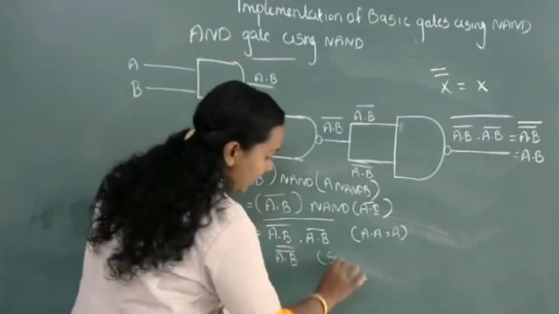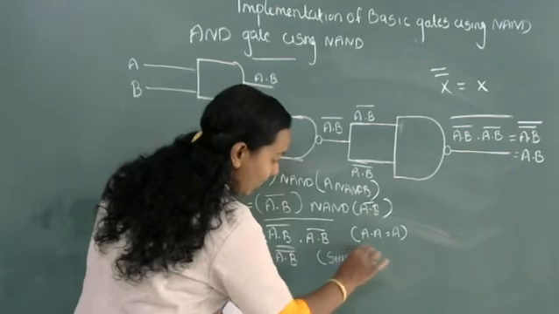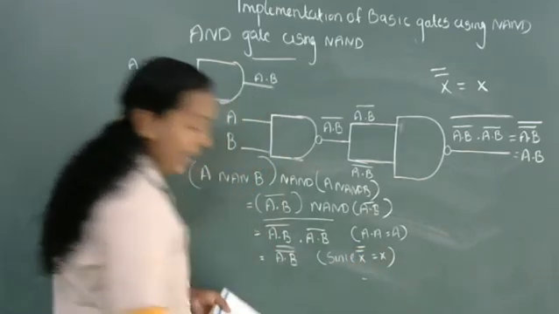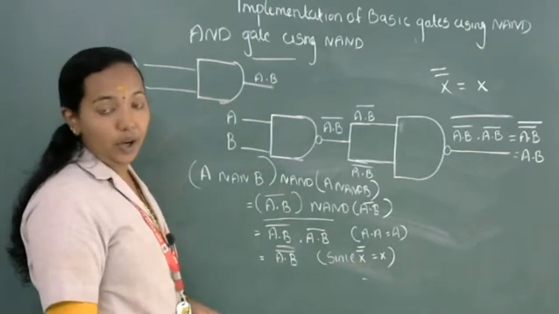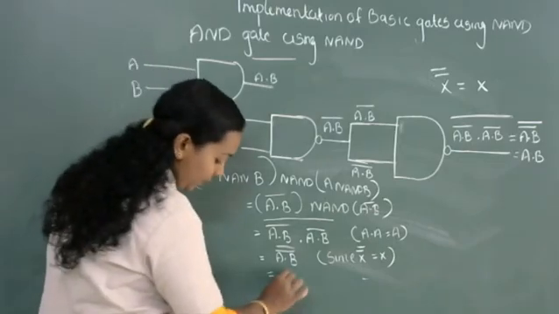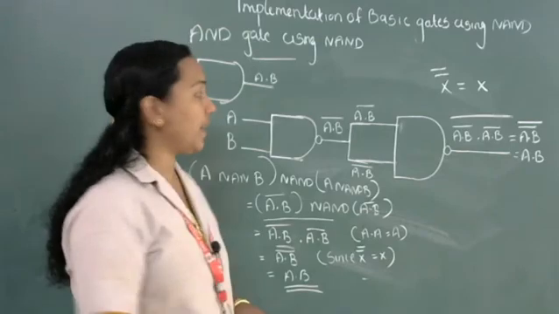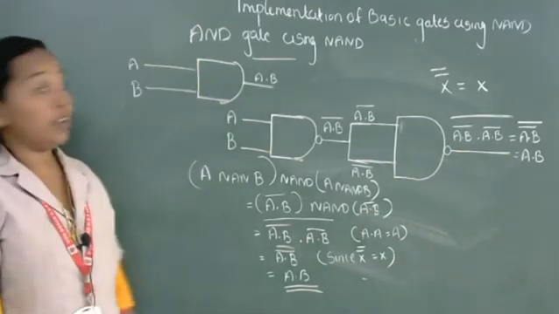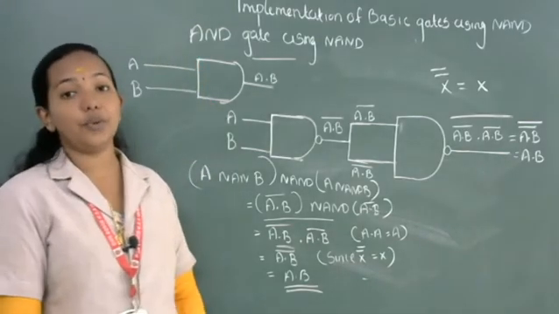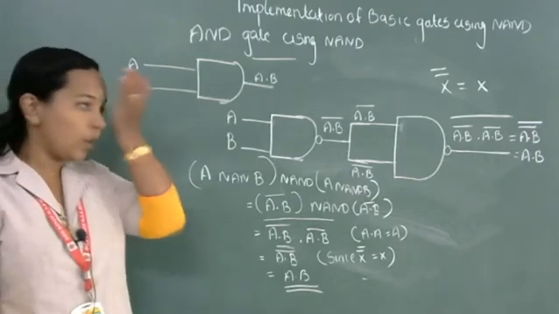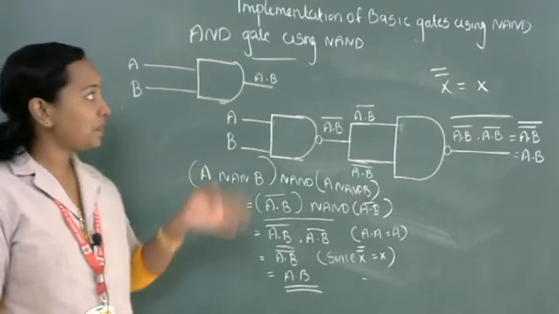Then since X double complement equal to X, so we can write (A dot B) double complement is equal to A dot B. So we can represent AND gate using NAND. Okay, I think it is clear.